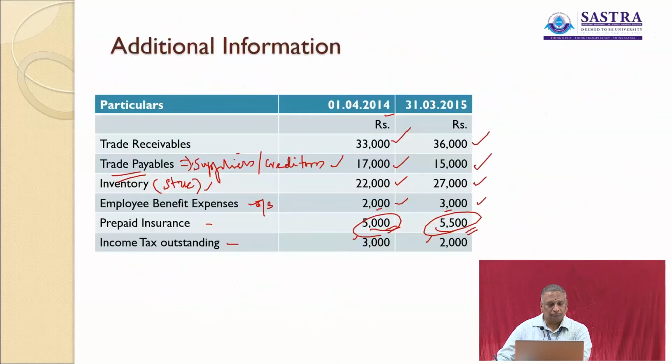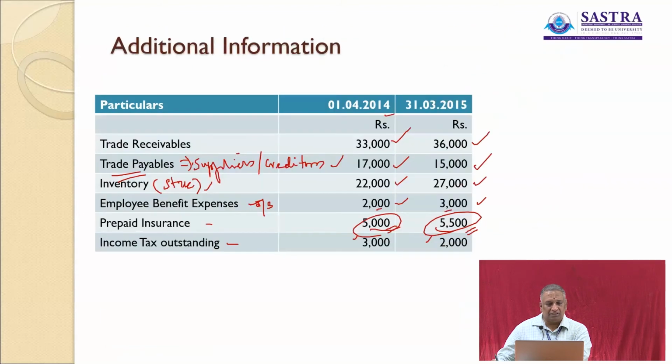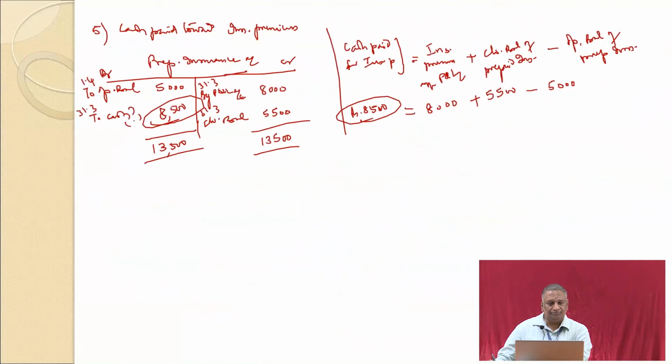Similarly, tax outstanding. Income tax claimed for the year is rupees 10,000, whereas tax payable outstanding is given as 3,000 and 2,000. Again, we need a separate ledger for calculating cash paid towards tax.